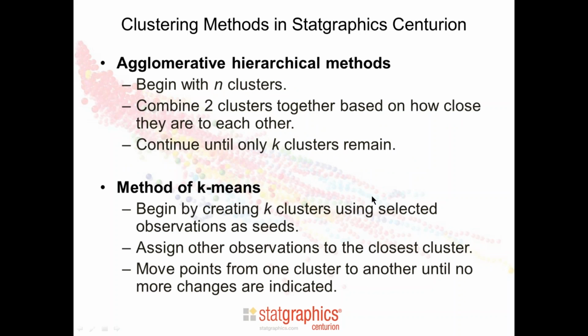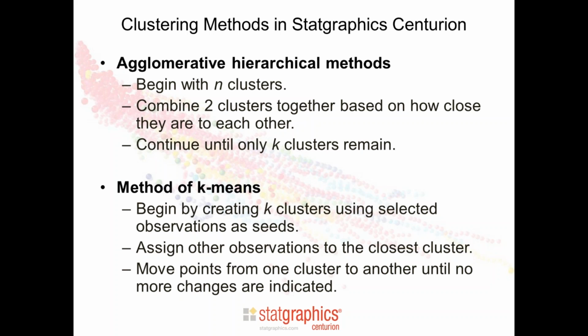Okay, now the second method for doing a cluster analysis is what's called the method of k-means. In the method of k-means, you begin by creating k clusters using selected observations as seeds.